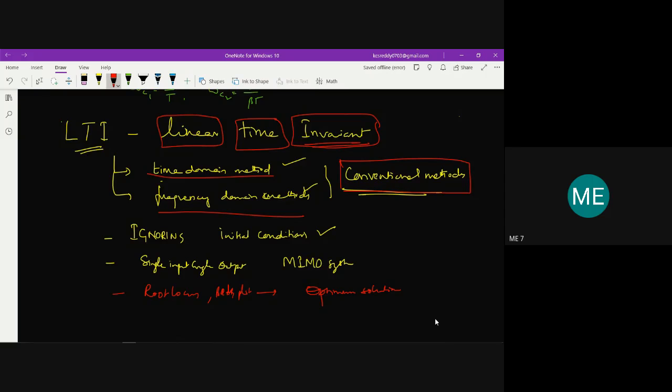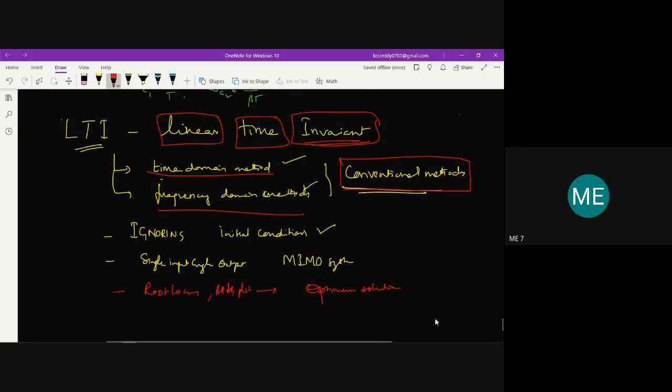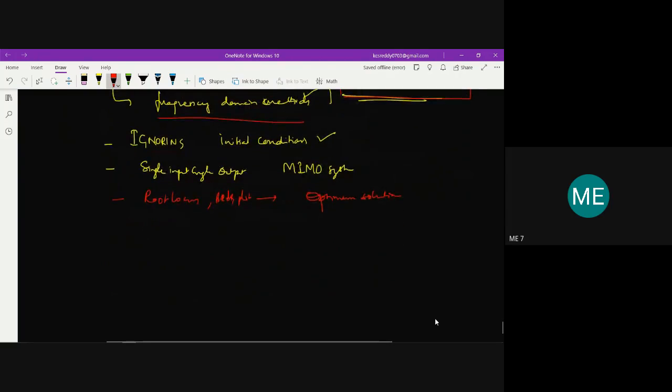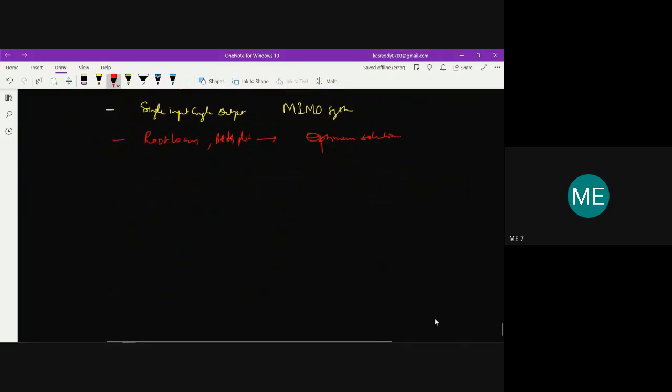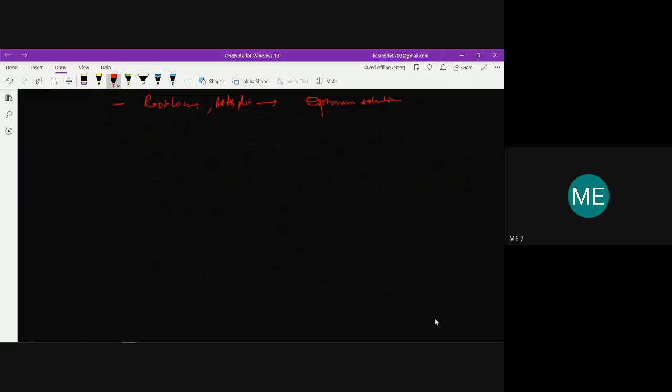In order to overcome these limitations, there is one more method, called the modern method, which we can apply: state space representation, also called state space analysis or state variable analysis.